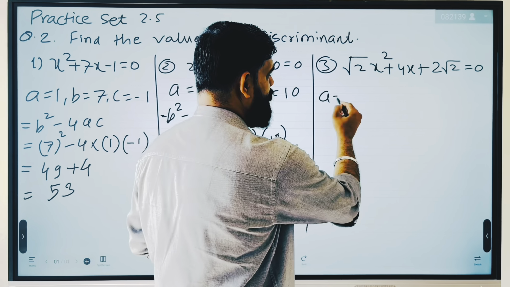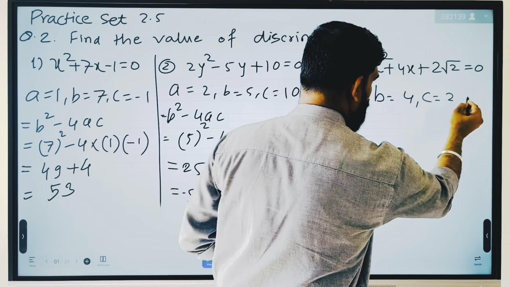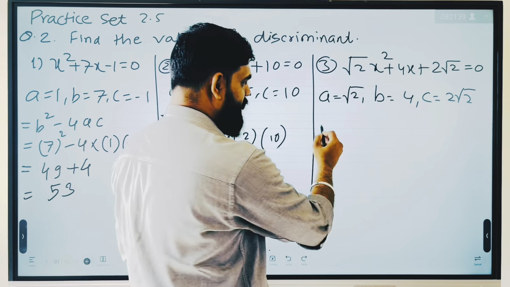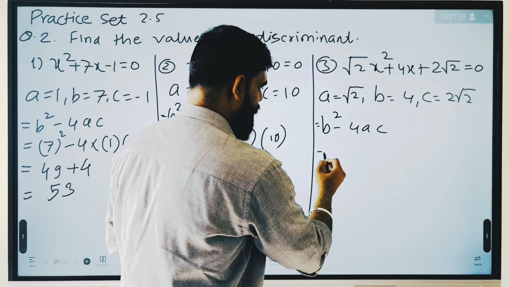After that, question number 3. So a is equal to √2, b is equal to 4 and c is equal to 2√2. So we have to find the discriminant, b square minus 4ac, b square minus 4 into a into c.